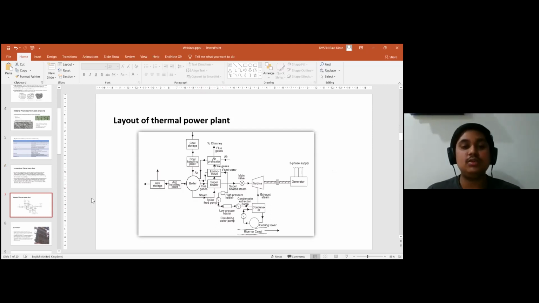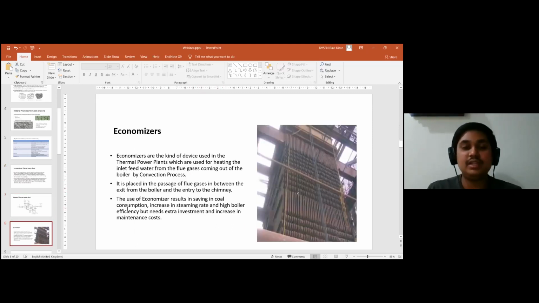Economizers are generally used for preheating the water which is going to flow into the boilers using the flue gases that exit the boilers after converting the boiler water into steam.